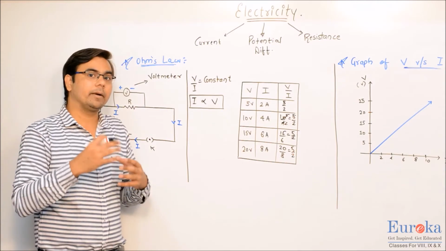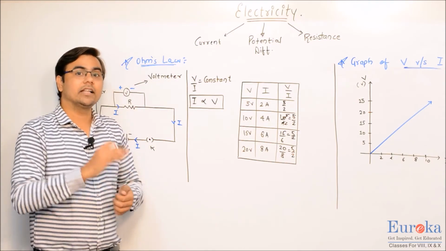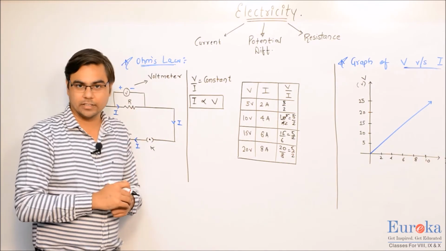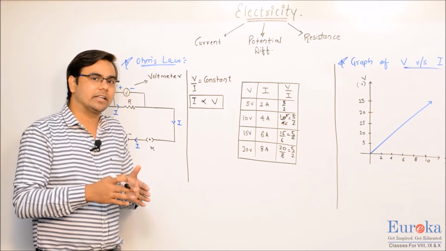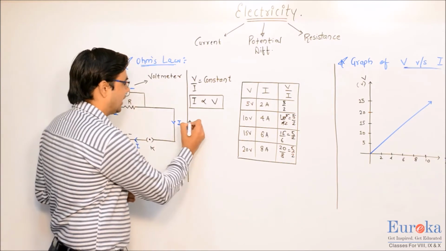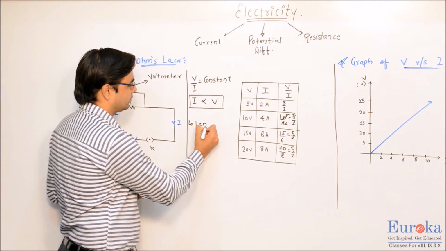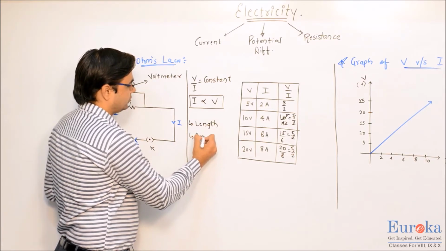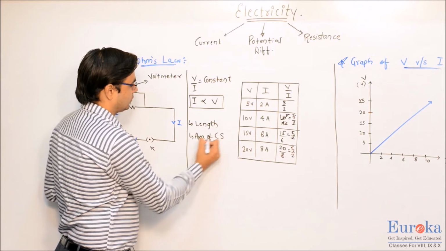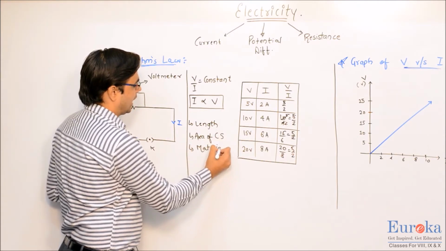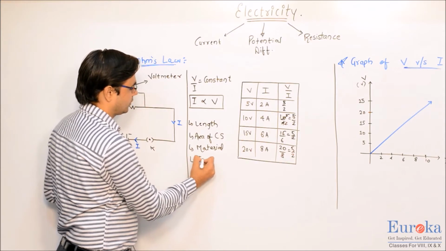However, as experiments went on, Ohm realized that there are certain factors which affect the resistance of a conductor. We will be studying these factors in detail in the videos to come, but as of now, the factors are length, area of cross section, material, and temperature.